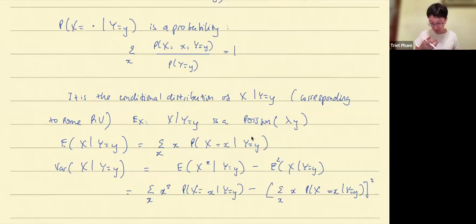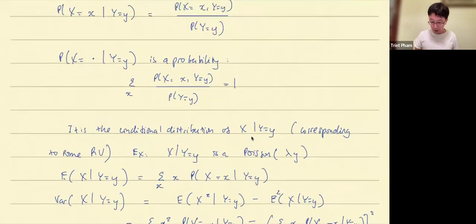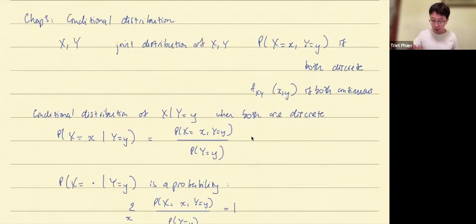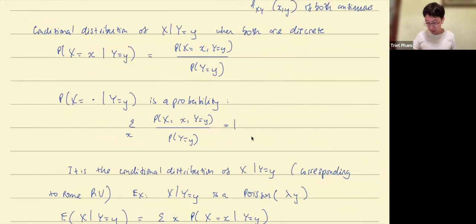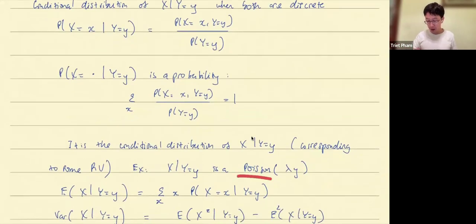So our task for this chapter is to study different examples of x, y, and look at the conditional distribution of x given y, and at least at the beginning, to study what they are. For example, is it a Poisson, is it a binomial, etc. And the formula we will follow, at least at the beginning, is to just start from the definition.